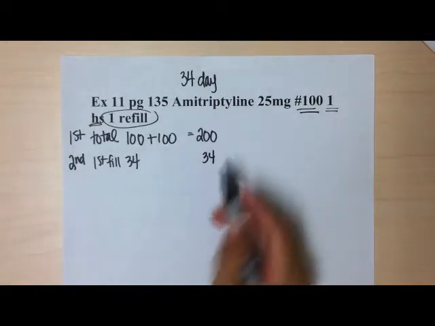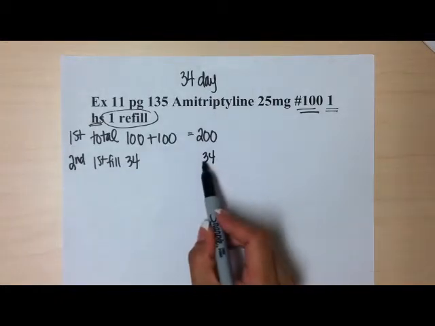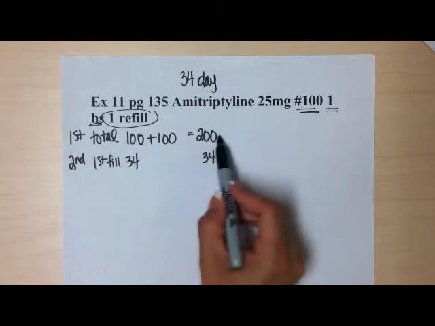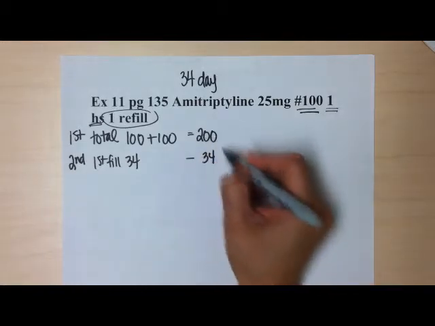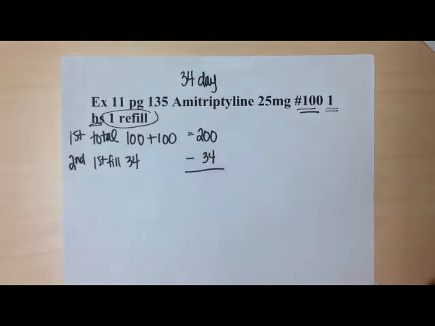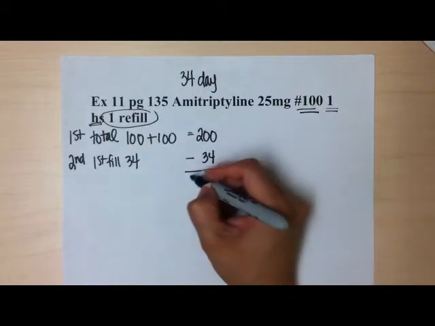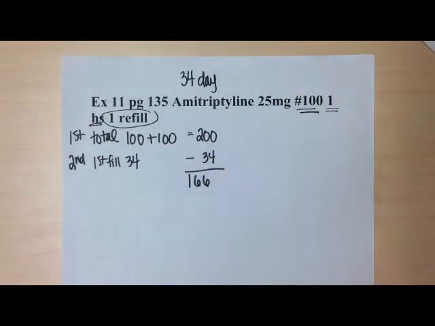Okay, so what we end up doing is taking 34 tablets from that original 200. So 200 minus the 34 leaves us with 166 tablets remaining on that prescription after the first fill.